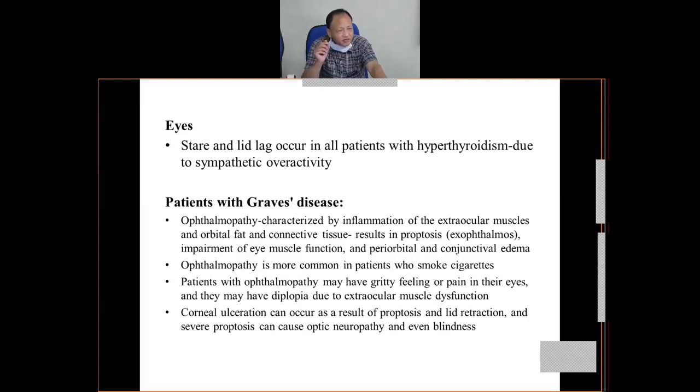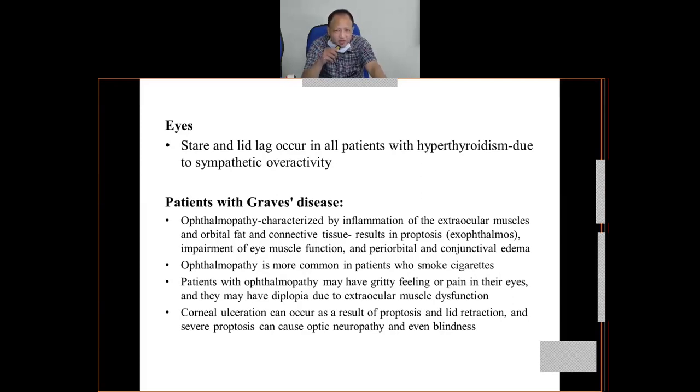Because of these inflammations, there will be proptosis, impairment of eye muscle functions, and periorbital and conjunctival edema. Ophthalmopathy is more common in patients who smoke cigarettes.